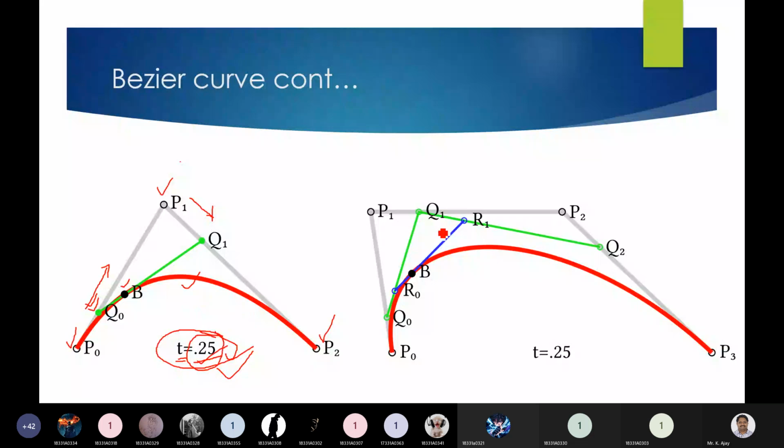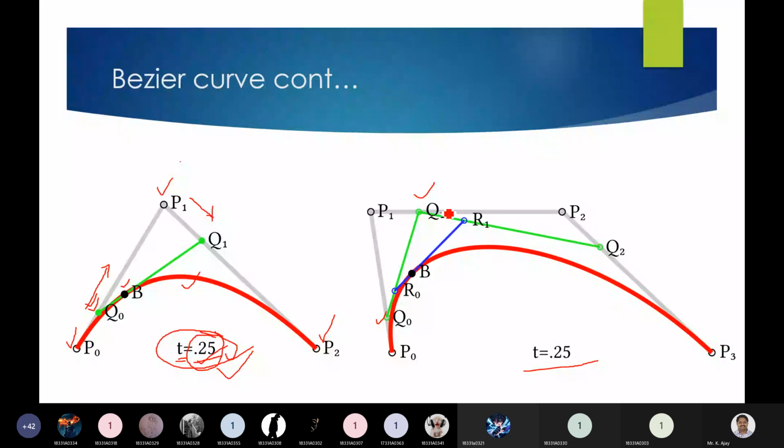Similarly, to understand the cubic Bezier curve, which I can attain by making use of four control points, you perform the same task. At t equal to 0.25, identify q0 on the line p0 p1, identify q1 on the line p1 p2, and similarly q2 also.